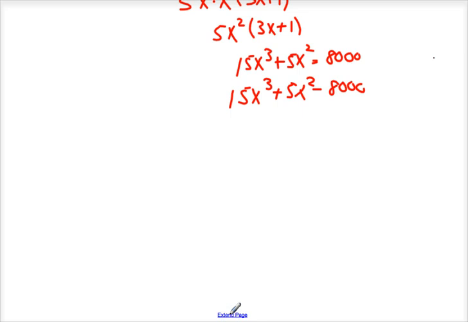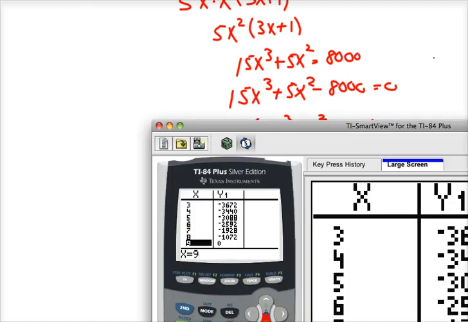So it equals 0. I'm not going to get fooled this time. I'm going to take a 5 out. 5 goes in always. 1,600. And then I'm going to use my calculator to come up with a possibility for x.